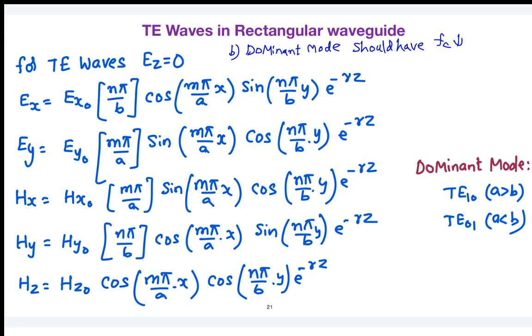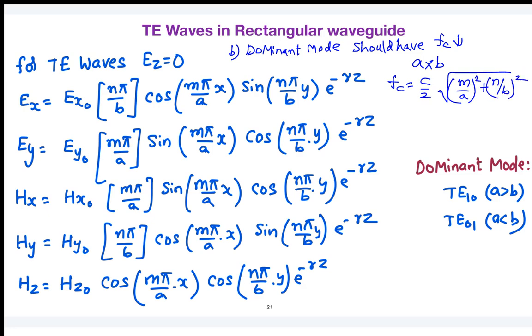Now, if you take a rectangular waveguide of dimensions a, which means a is the distance in x direction and b is the distance in y direction, what is the cutoff frequency equation I gave? c by 2 root over (m by a) whole square plus (n by b) whole square.